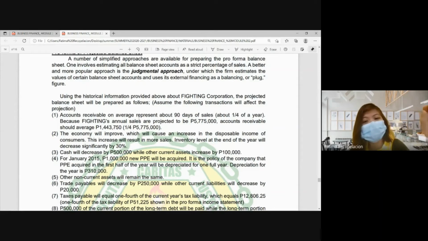The balance of accounts receivable is 1/4 of the annual sales. Why 1/4? Because their sales are collected every 90 days on average. So they assume that the balance of accounts receivable is 1/4 of the sales. So that is a subjective approach. Their assumption is based on professional judgment.